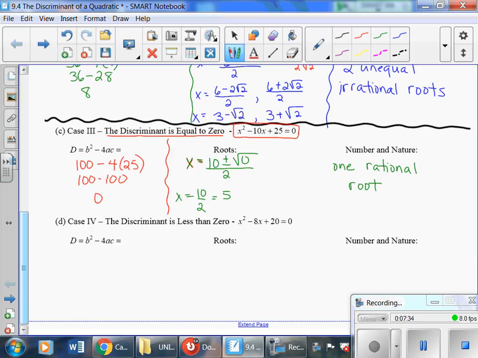All right? Now, what you don't realize here is we're saying one rational root. I mean, basically what we also have here is we have 2 equal roots. That's really what's happening here. And we're going to discuss that a little bit later on, what that looks like, because this is called a double root.